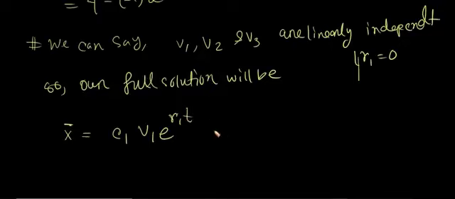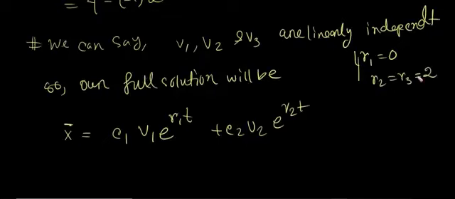So c2 v2 e to the power r2 t. Here r2 and r3 will be just 2, because 2 is repeated 2 times, right? And finally you will have c3 v3 e to the power r3 t.